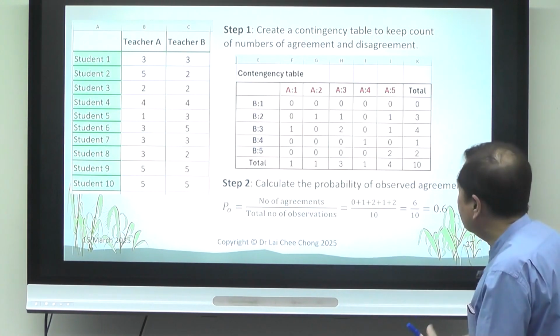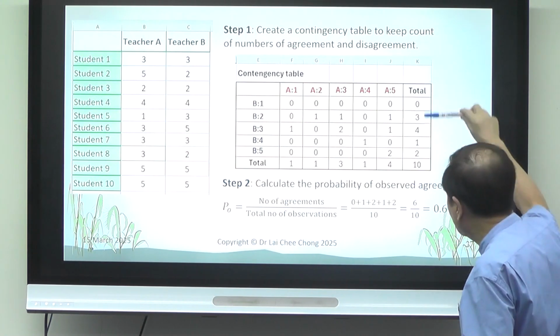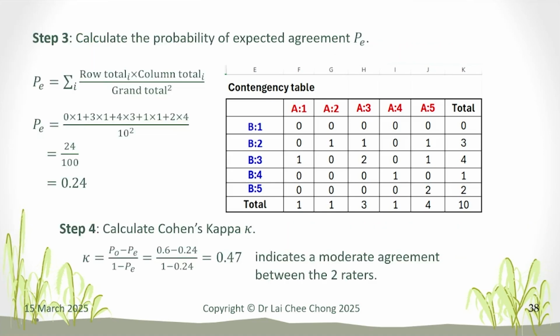Got it? I still have another one to calculate. The probability of the expected agreement. Okay, now this one. How to calculate the expected agreement? The PE is the row total in the i row times the column total in the i row. How do I do that? Watch out. 0 times 1.